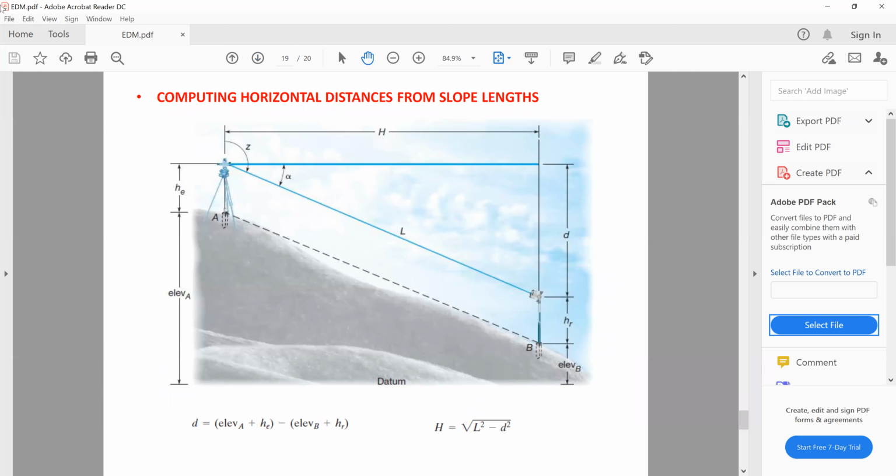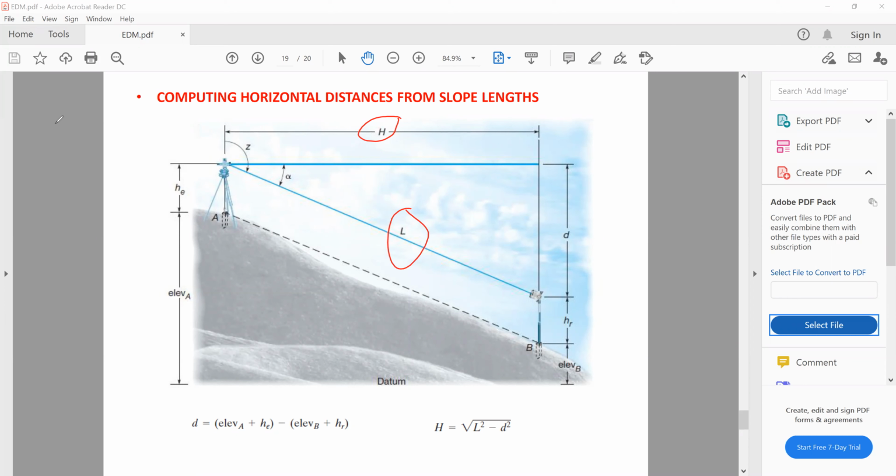So let's see this figure. We have these 2 points A and B, and what you're interested in is finding out this horizontal distance h between the 2 points. So this h is what we are interested in. But since it's sloping ground, the distance that the EDM will measure for you would be along the slope.